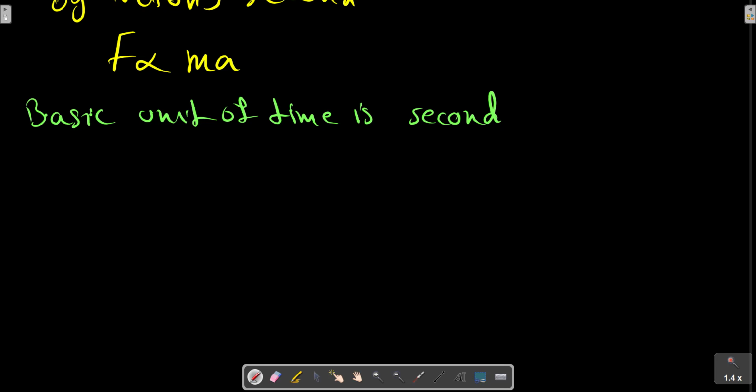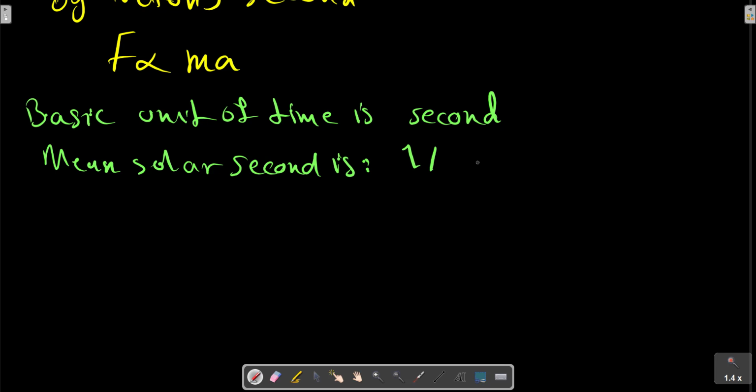Since this period varies with the season of the year, an average value over a one-year period is called the mean solar day, and the mean solar second is a fraction of the mean solar day.